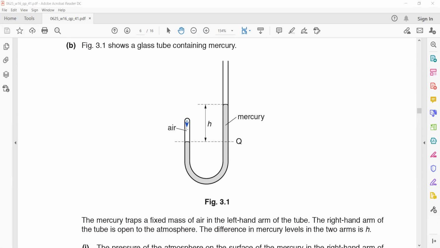Air is exerting pressure from this side. The pressure is due to mercury and the pressure is due to atmosphere. So we can say the pressure of the air in the left hand side column is equal to the pressure of the mercury due to the difference in height, plus the pressure due to atmosphere.